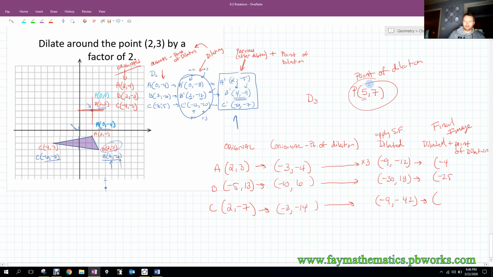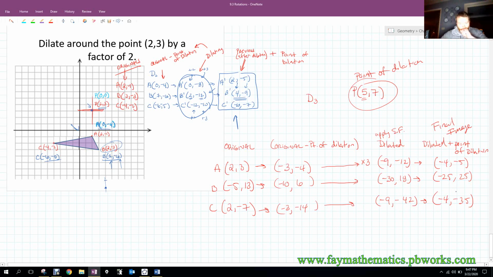And negative 9, add back in that 5, gives me negative 4. Now do the same thing with your y's. Negative 12, add back in the 7, gives me negative 5. 18, add back in the 7, gives you 25. And negative 42, add back in the 7, gives you negative 35.